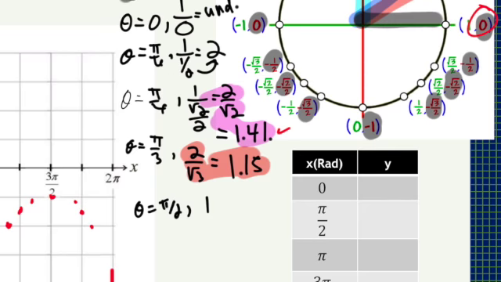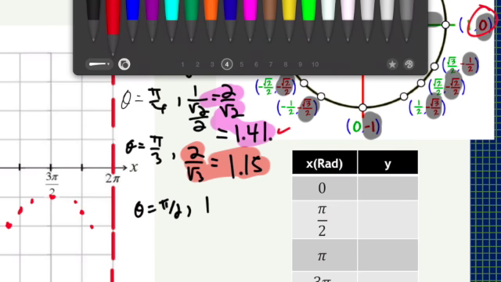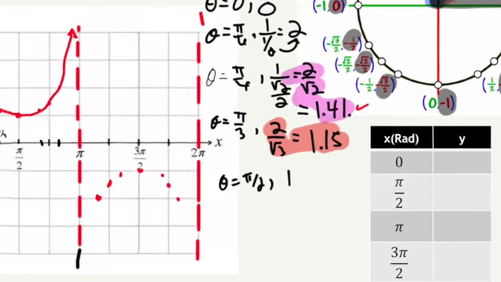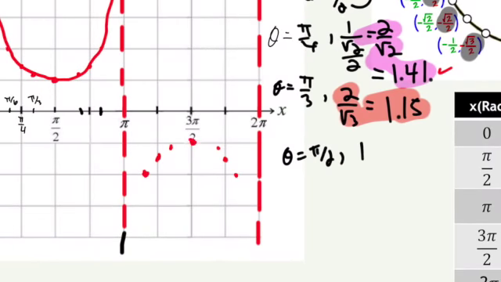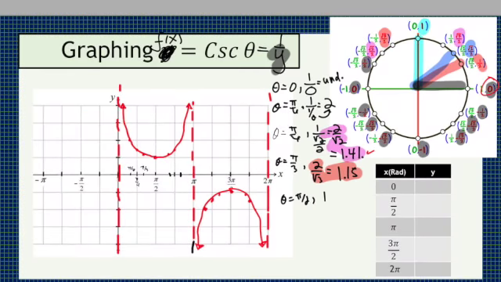So at 2 pi, we know we're going to get that undefined asymptote there. And let's go ahead and draw our shape in. We're going to get that parabola look all over again. All right, and there we go. So there's our cosecant of theta. It kind of looks like these little parabola points.